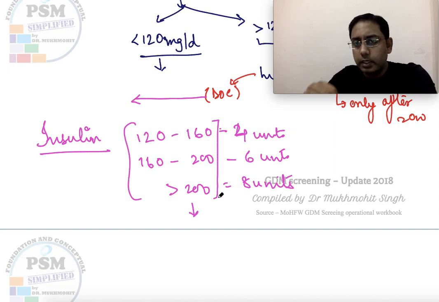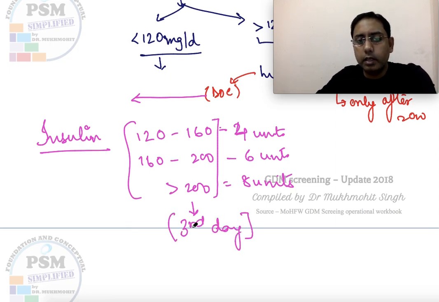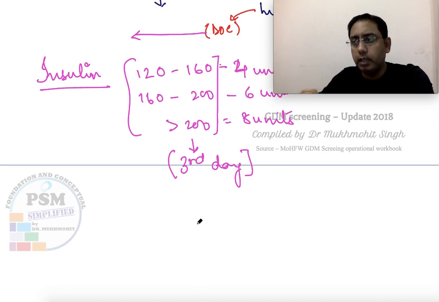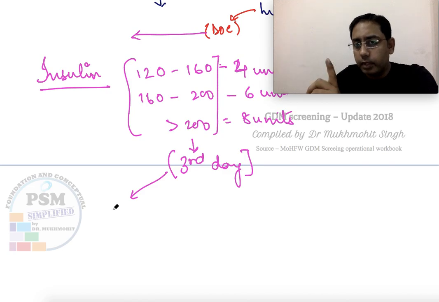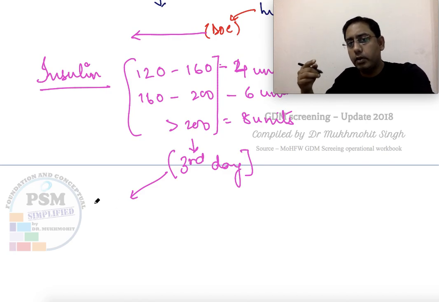Next, once we give this insulin, the blood glucose level has to be checked every third day. On the third day, the female will get a repeat OGTT test done. Now with insulin, the criteria keep on changing. At first we started with 140. To start insulin, the criterion was less than 120, more than 120.